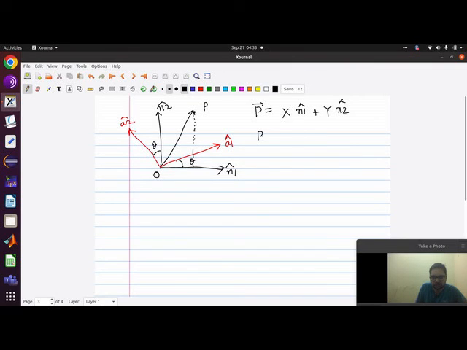And in order to reach P, one needs to travel small x along A1 and small y along A2. So that is these distances.